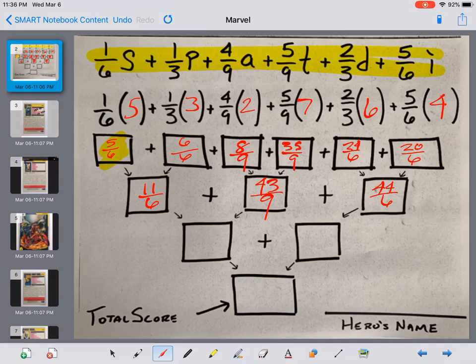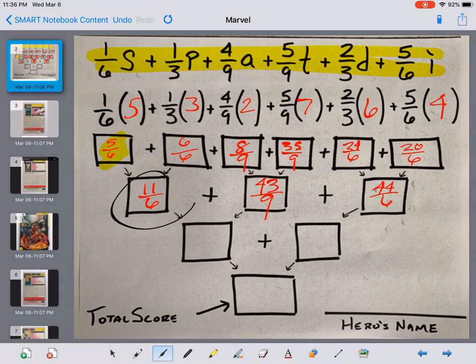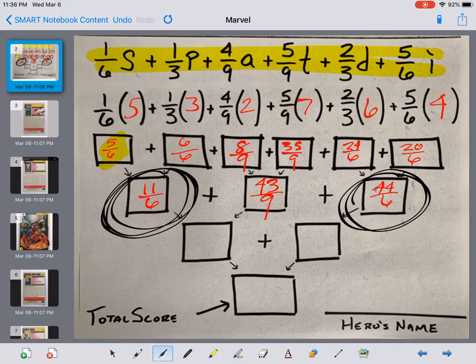Okay, so now I've got to combine. Actually, I know that it's set up to go from here like that, but as I notice when I look at these numbers, just follow along. The 11/6 and the 44/6 are going to be easier to combine because they already have a common denominator.